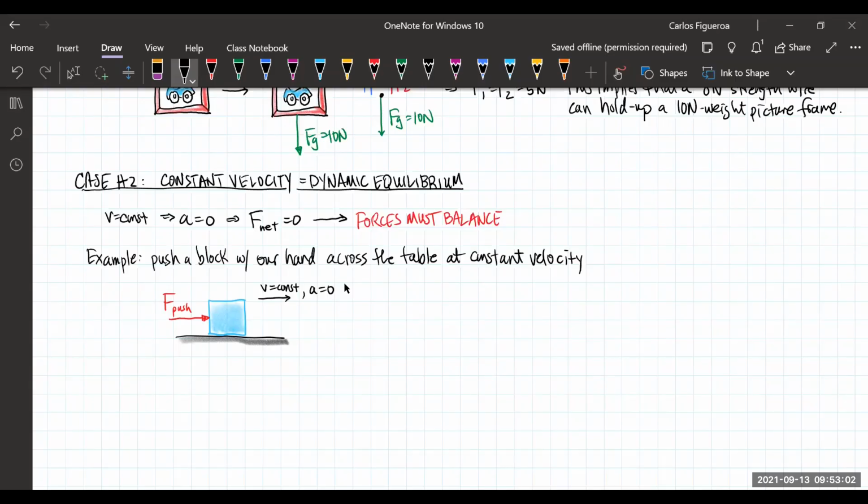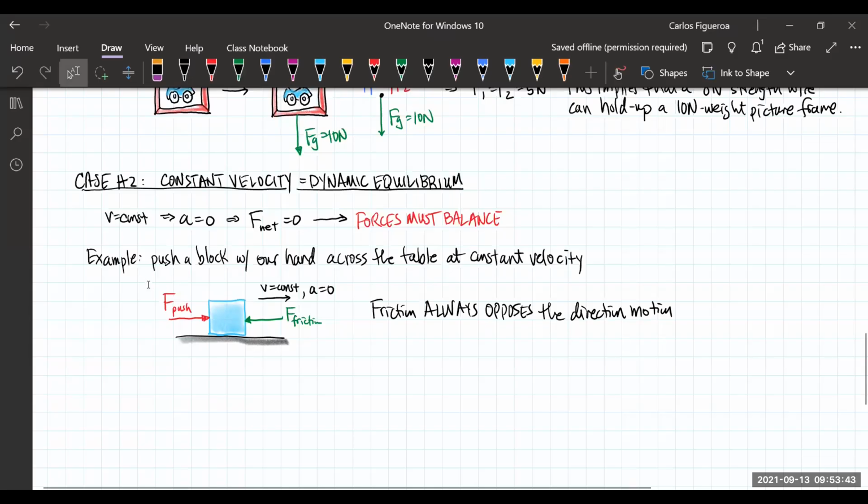And what we find here is that friction always opposes the direction of motion. So in this case, that means that friction has to point in the opposite direction of the velocity. So then if it's moving at constant velocity, then the force of friction must be in that way right there.